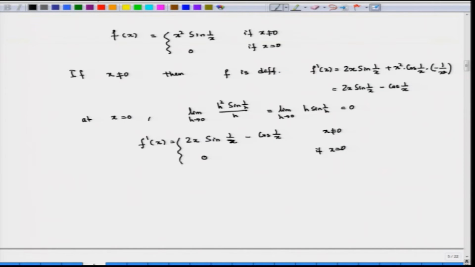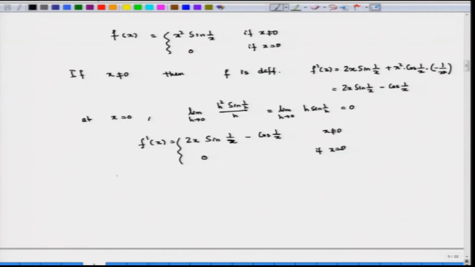And as you can see, at 0 this function f prime, which is defined everywhere, is not continuous, because cos 1 by x oscillates. The first part goes to 0, and in the second part cos 1 over x oscillates so much that it will not have a limit as x goes to 0.